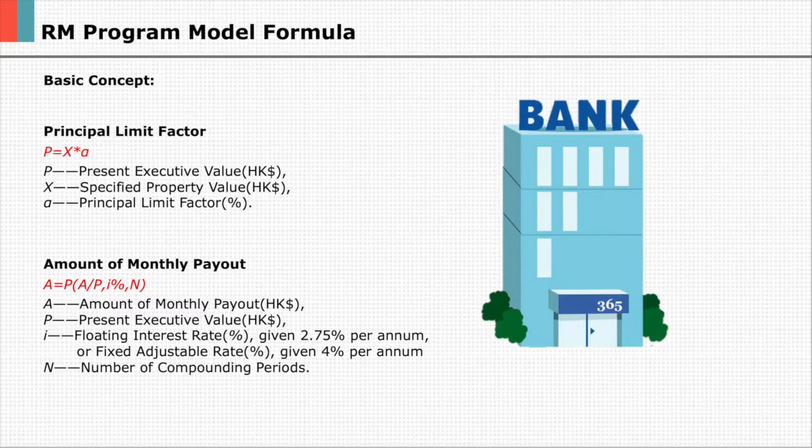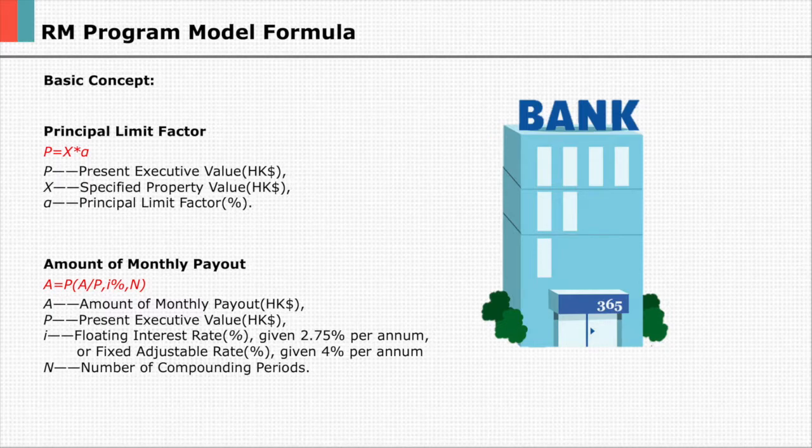And for the next part, we will briefly introduce the reverse mortgage program model formula. However, if you want a more detailed version, you can refer to our report as well as the Excel file we submitted to you. In the following parts, we are going to introduce some basic concepts, like the principal limit factor.